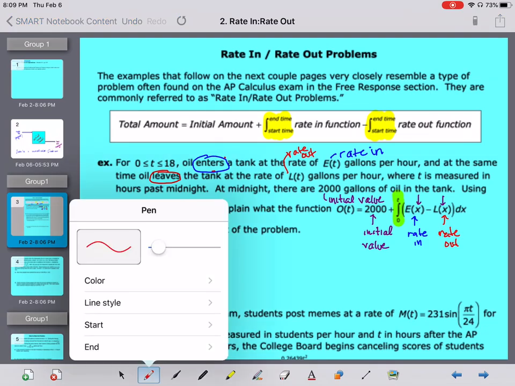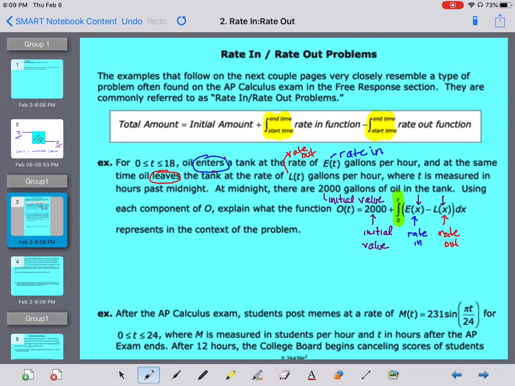so let me get a different color. We'll go plain. So O of t represents the total. Remember, keyword for integration is to use the word total.